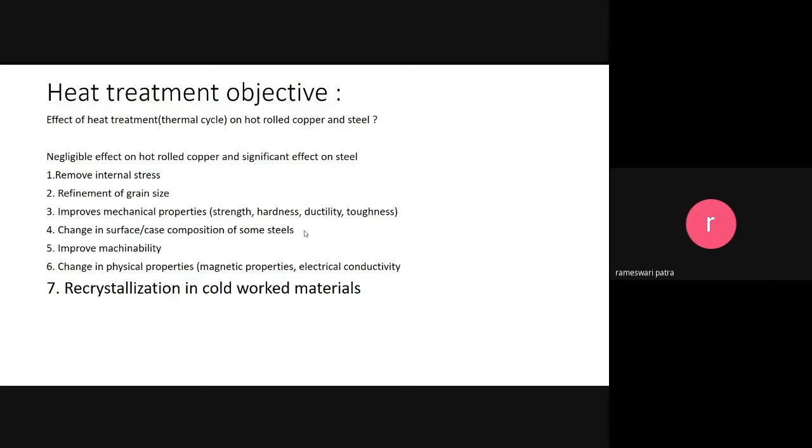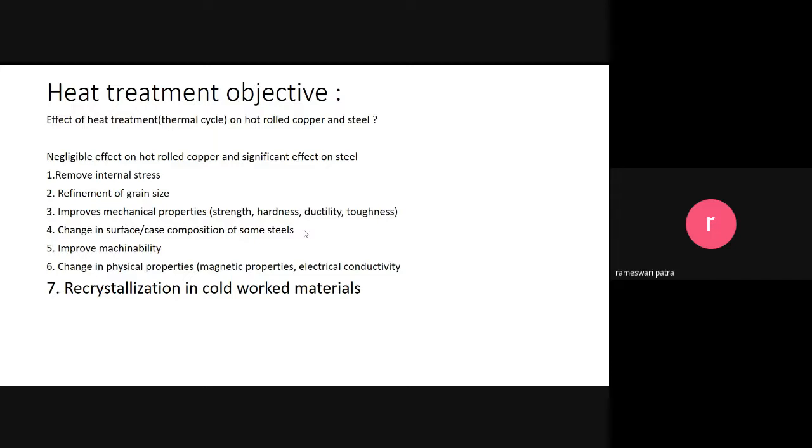What is the conclusion here? Can anybody tell me in one line? Why does steel show a change in property on heat treatment, but copper shows some change that is not significant?